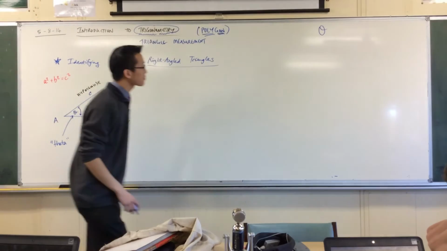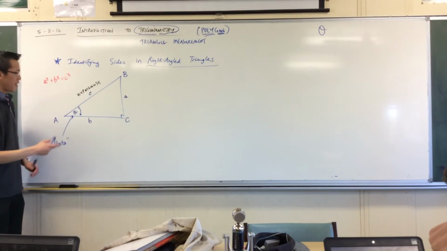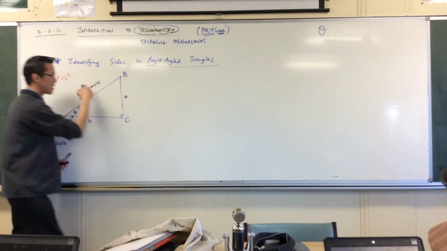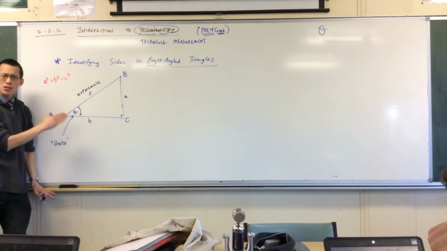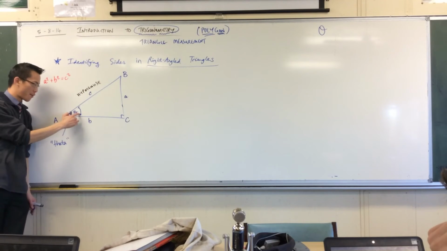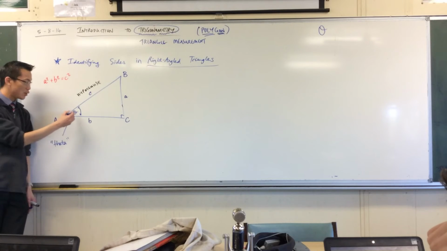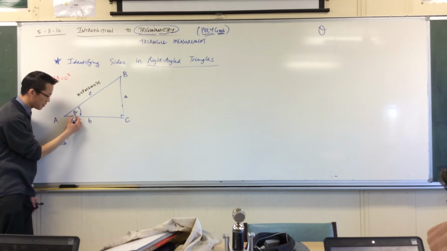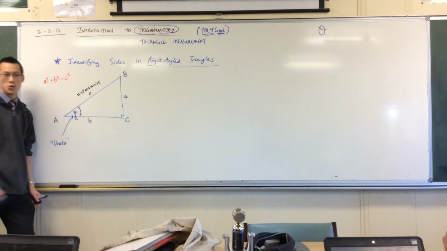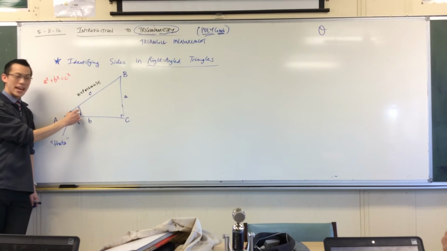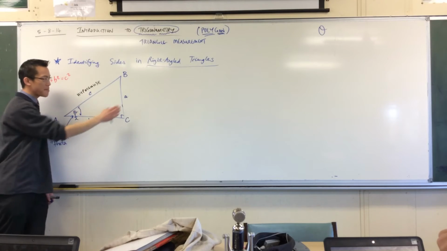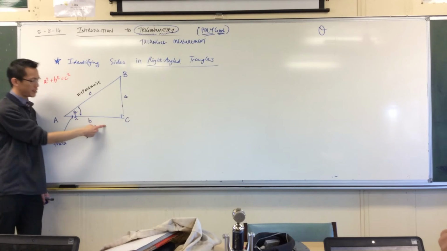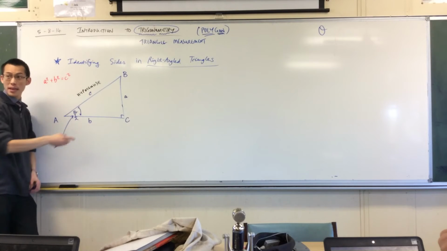But that's theta. Right, now, we've got the hypotenuse labeled over here, okay? Now, I want you to put yourself in the position of this angle over here. Like, as if you're standing there. Suppose theta is you, okay? Now, from this vantage point, I can name these other two sides. For instance, see this one? Lowercase b, right?